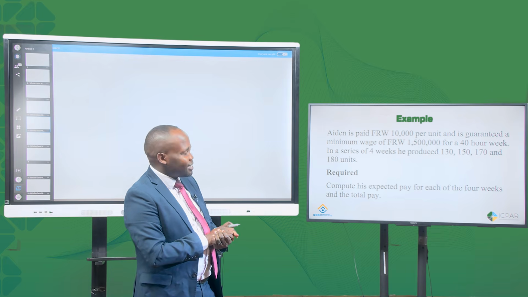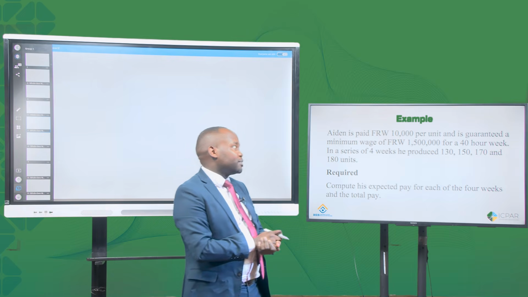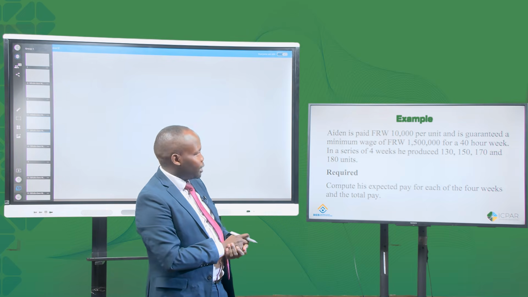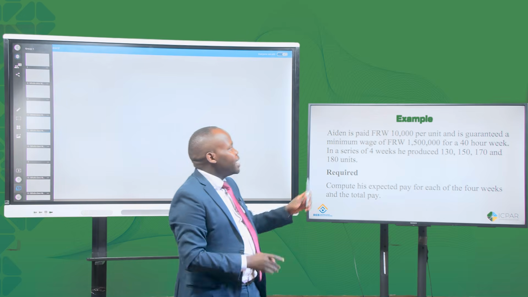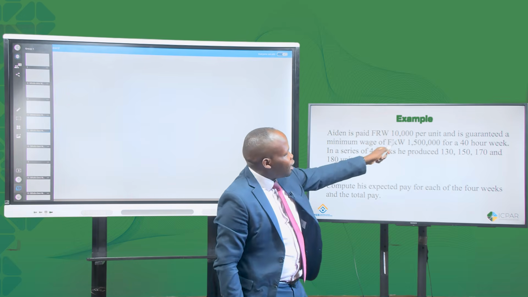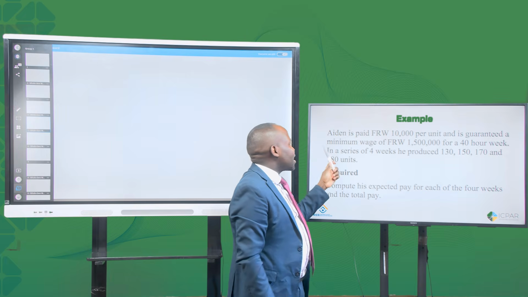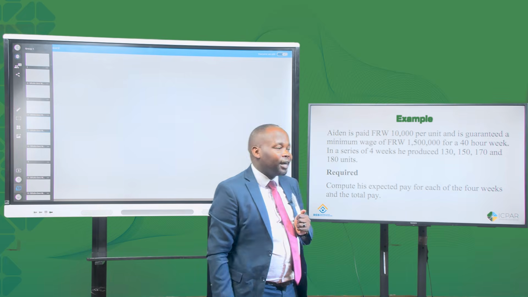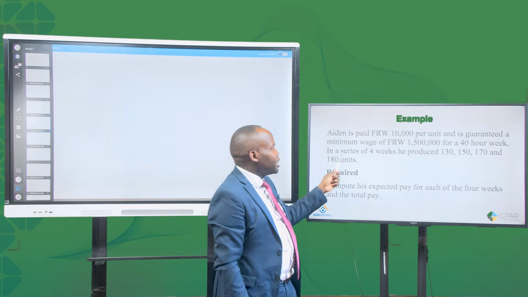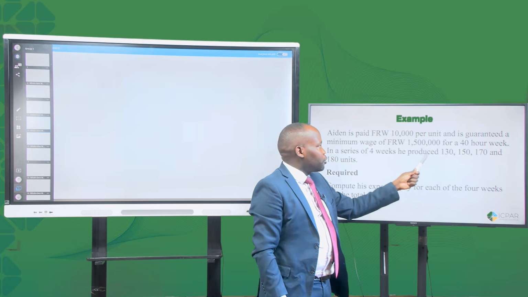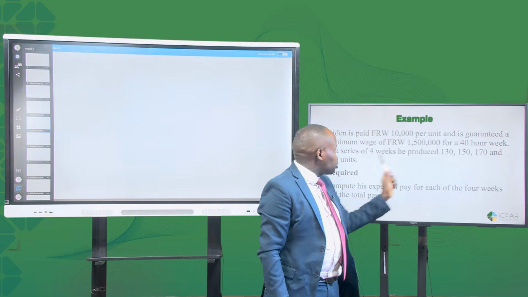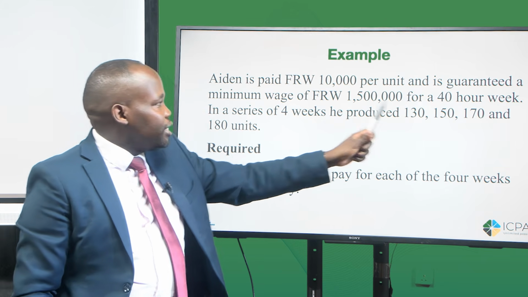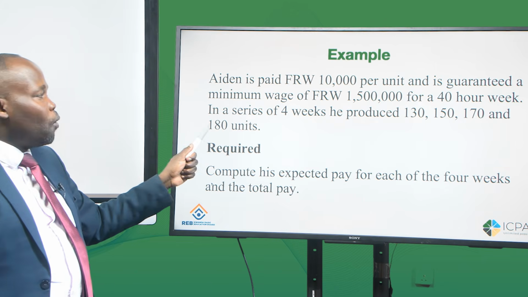Now, let's have a look at this example to help us explain this concept of straight piecework. The example reads: Aiden is paid 10,000 per unit and is guaranteed a minimum of 1.5 million for a 40-hour week. In a series of 4 weeks, he produced 130 units, 150 units, 170 units, and 180 units.